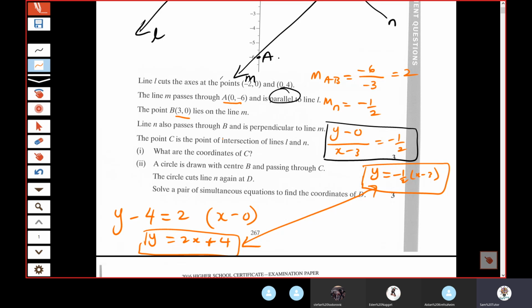Let me know once you've got a coordinate, please. X is 5 on 3, apparently. And then we need a y value.